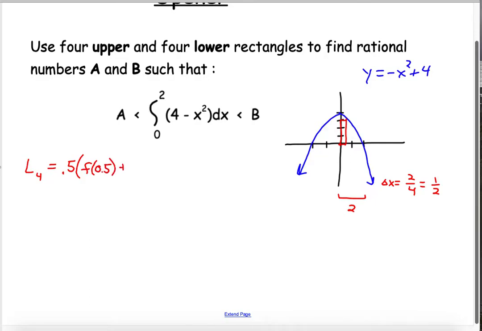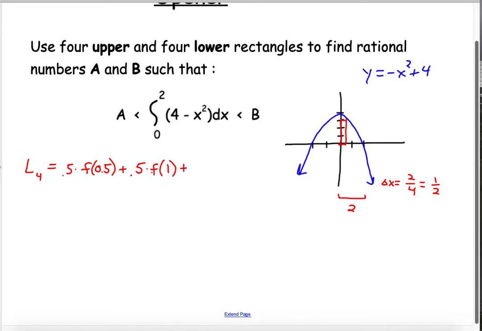Maybe I won't factor it out yet, so that'll make it easier for you to follow. So 0.5 for the width times the height. The second rectangle also has a width of 0.5, multiplied by the height of the function. Now I'm looking at the interval from 0.5 to 1. If I evaluate it at 1, that'll be the lowest value of my function on that interval.